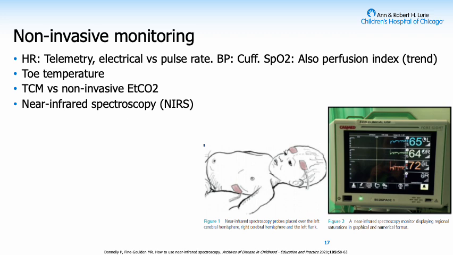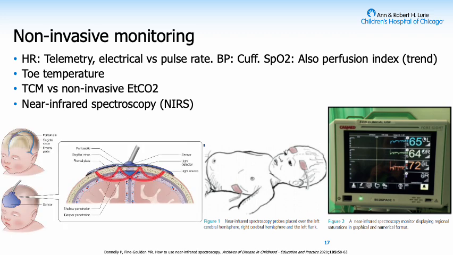The typical expectation is that oxygen consumption by the brain is higher than by the viscera, and so your cerebral NIRS tend to be lower than your renal or splanchnic NIRS, but both of those are good assessments of your venous oxygen saturation. And this is just going into the technology a little bit of NIRS and how it works.